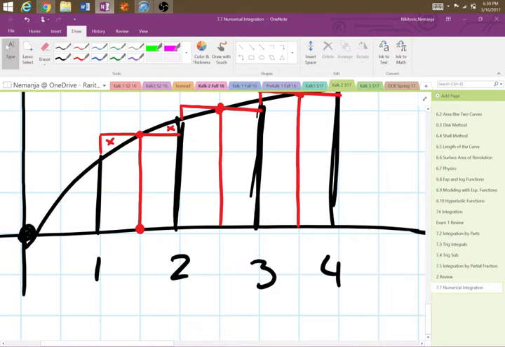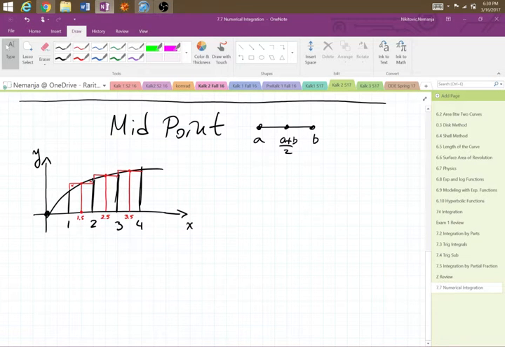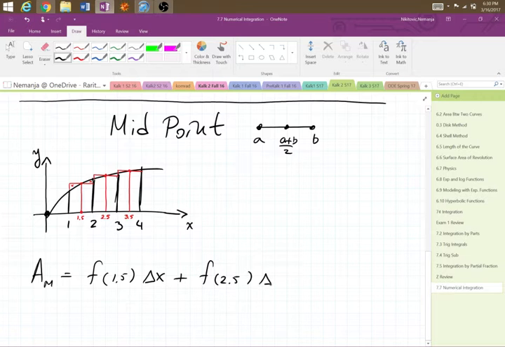So where am I computing my functions at? At 1.5, 2.5, and 3.5. That's where I'm computing my functions. So what's the formula? If I find the formula for this function using the midpoint, I will have to find the function computed at 1.5 times delta x plus function computed at 2.5 times delta x plus function computed at 3.5 times delta x.